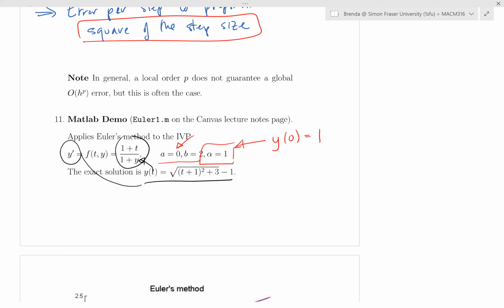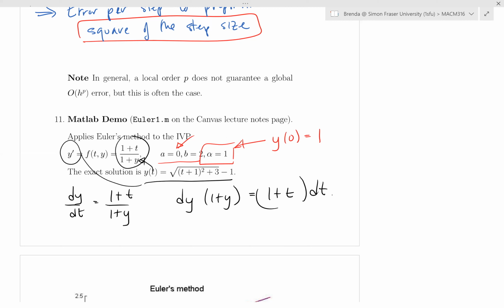The other thing you can do is here you've got dy by dt, and that is 1 plus t over 1 plus y. And then you can separate this one: dy times 1 plus y is equal to 1 plus t. And then you can integrate those. This is actually easy to solve. Okay, so you do that.